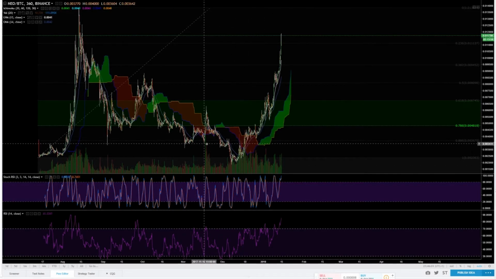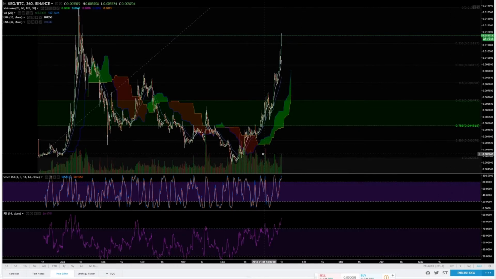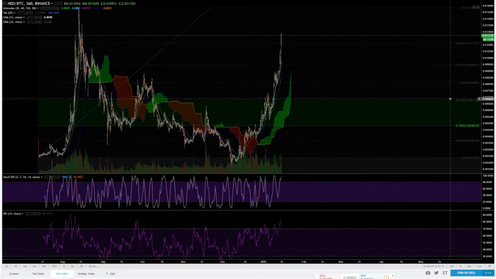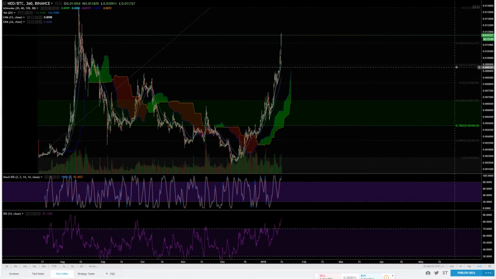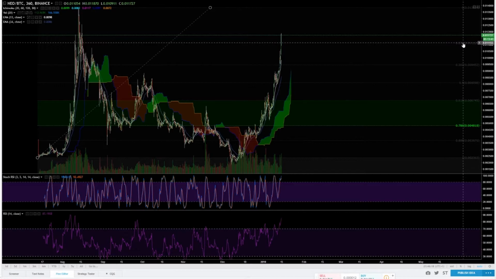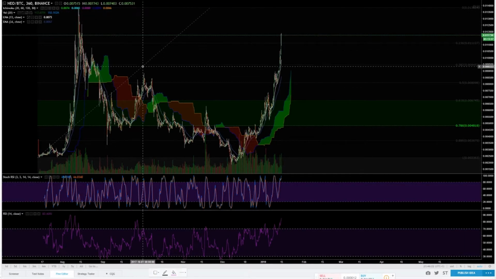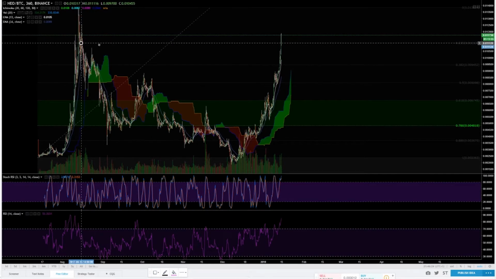Then we have a resistance area around the 0.886, another support and resistance area around the 0.786, another around the 0.618. You can see that here, and then another one around the 0.5, another one around the 0.382, and another one around the 0.236.